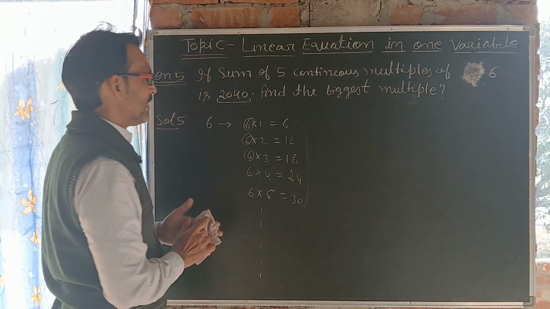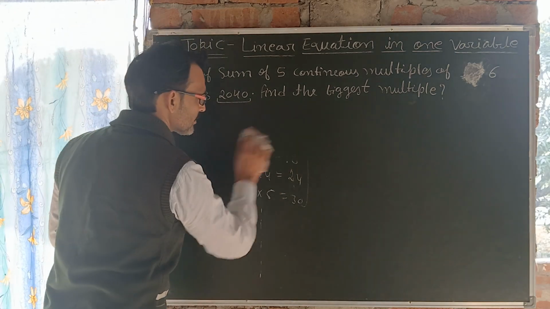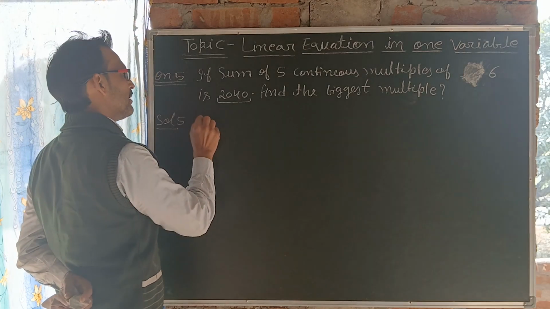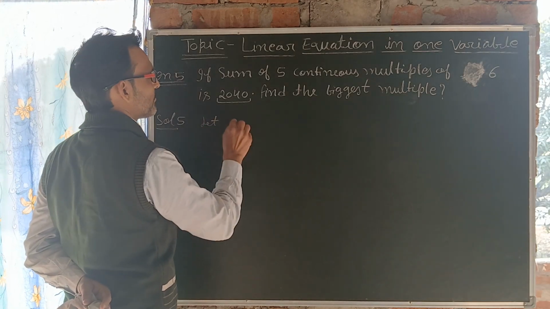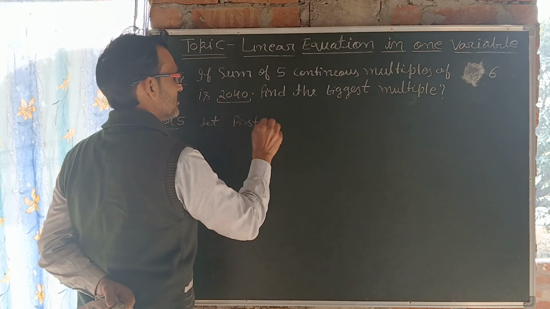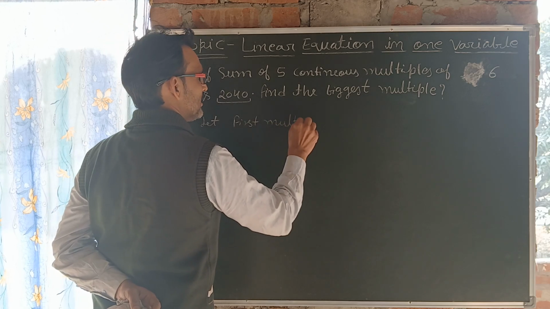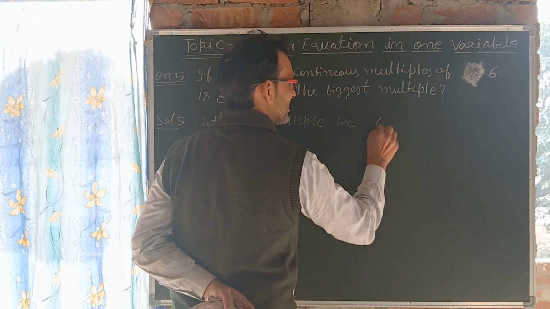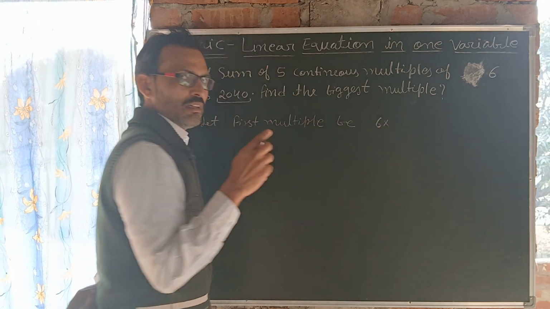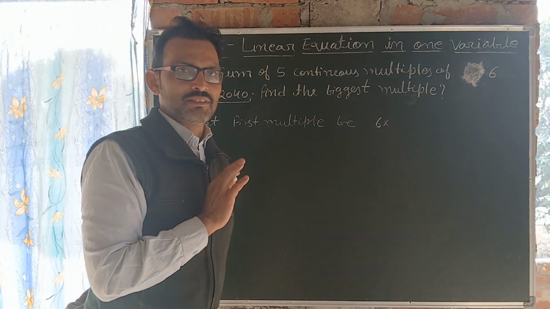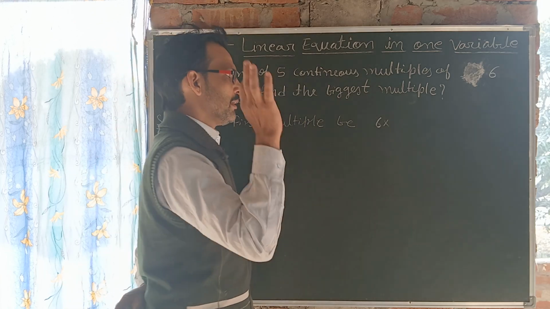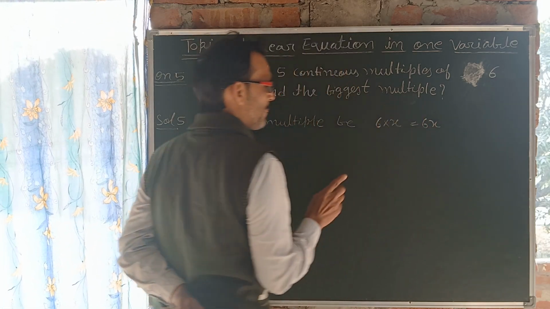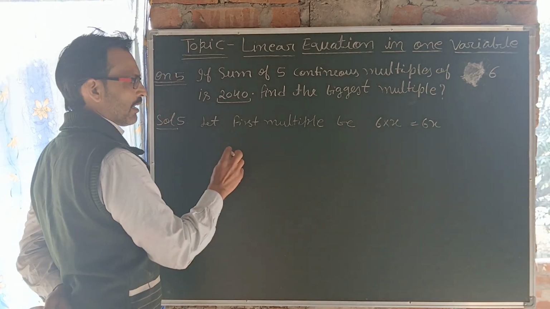For that let me assume it as x. Let the first multiple be what? That will be 6 into not 1, because it may be at any place, not 1, not 2, not 3. So we multiply with x, it will be 6x. The second number, how do we get it?